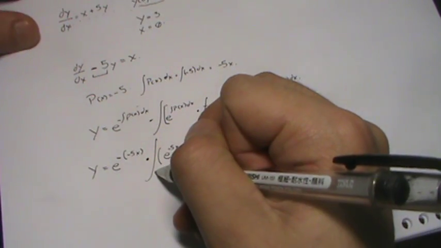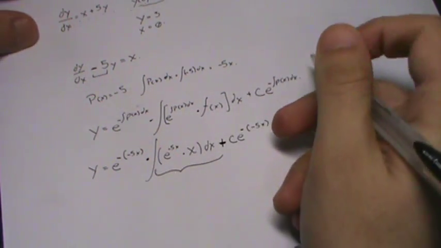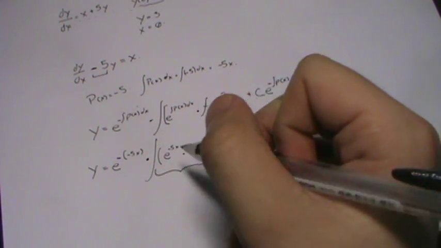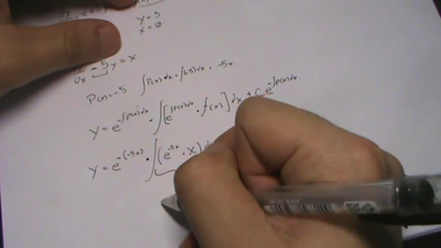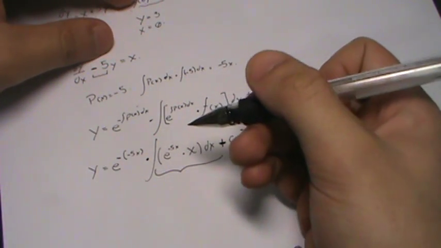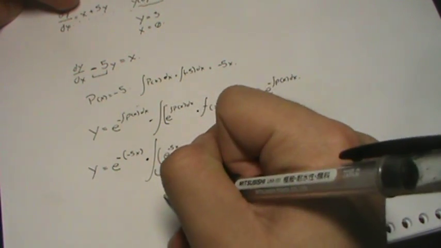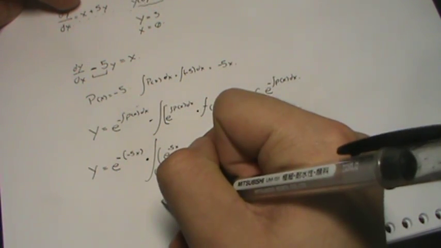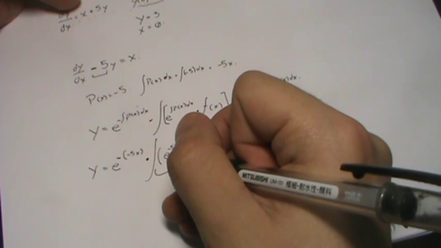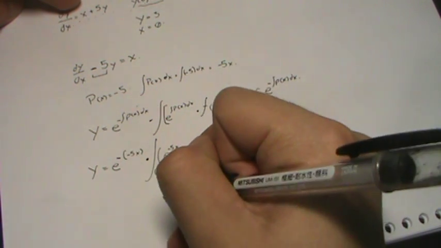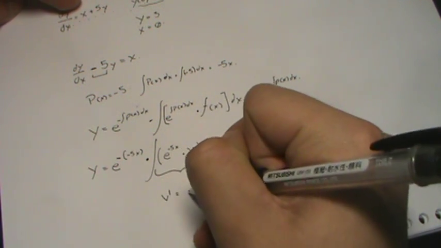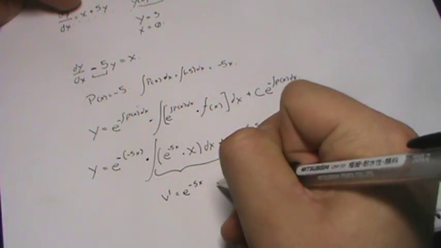Now first let's solve this little integral from here, and we also have to use u and du. So first of all, we have this one to be v prime, equal to e to the minus 5x.